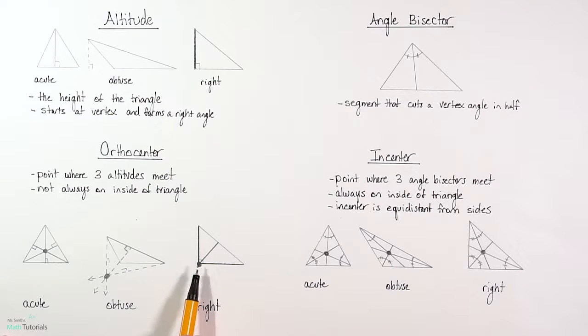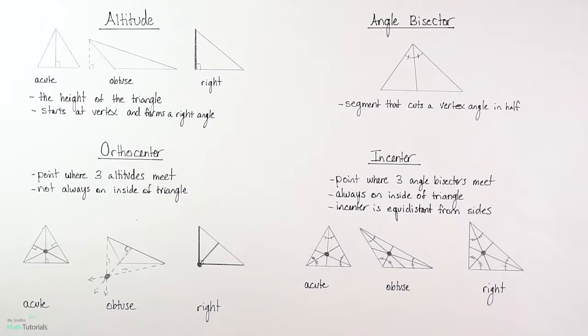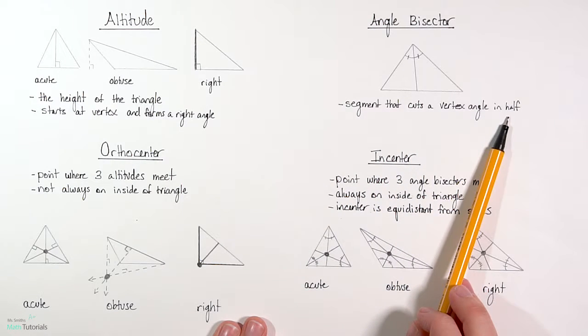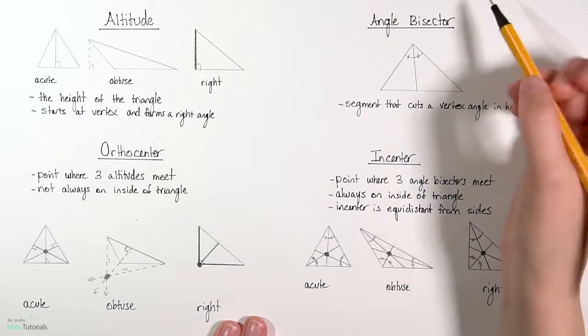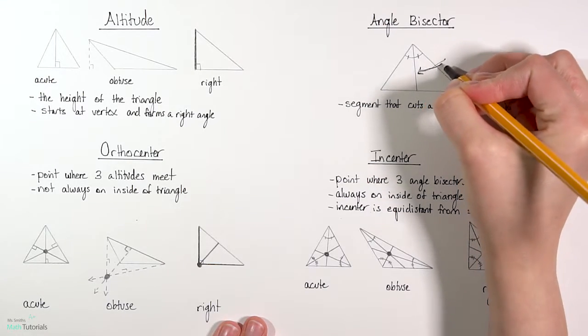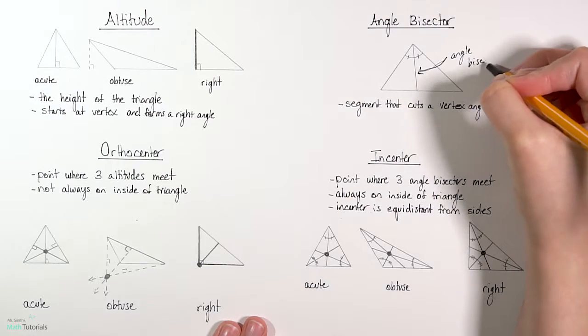Our last section that we're going to talk about, first we're going to talk about the angle bisector. The angle bisector is pretty easy to identify because notice it's a segment that cuts a vertex angle in half. In this case, this right here would be our angle bisector.